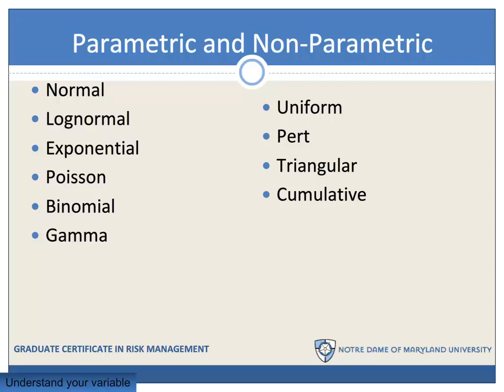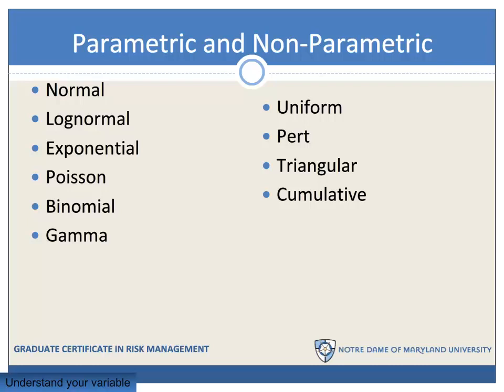So let me begin by just giving you a couple examples of each. On the left-hand side, we have parametric distributions. These are distributions for which the values follow the form that's readily described by a mathematical function. And this mathematical function has some parameters. And I'll give you an example in the next slide.